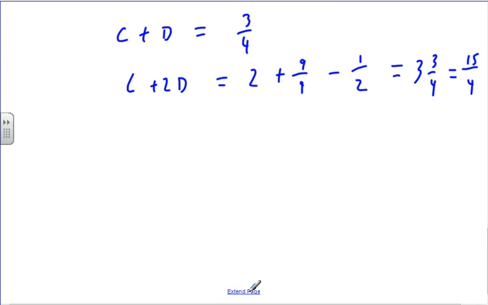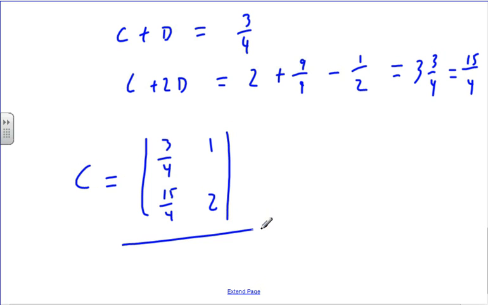All right. So that being the case, C is going to equal 3 quarters, 15 quarters, 1 2 divided by 1. I'm dividing by 1. All right, so I've got 6 quarters minus 15 quarters would be minus 9 quarters.